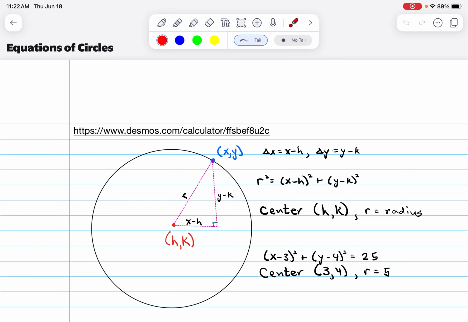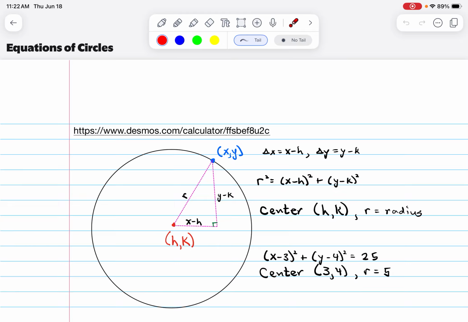Well, I could call this side delta x, that distance. I could call this side delta y. We've dealt with that before. And I could just say the distance squared is c squared, or in this case, r squared, equals a squared plus b squared.